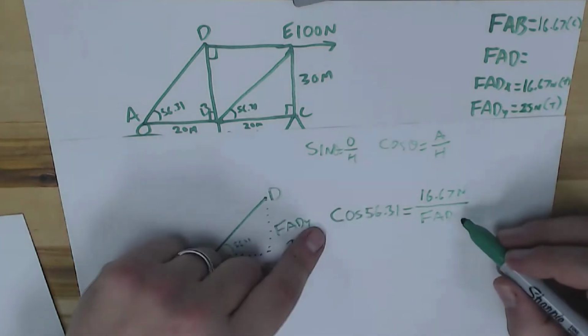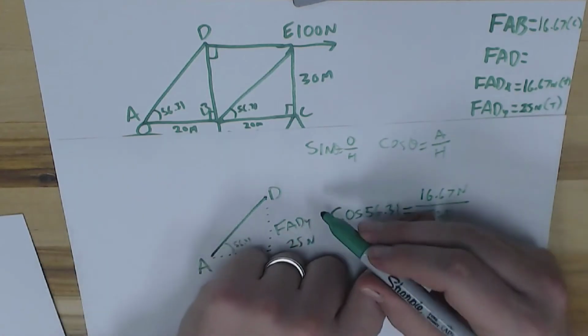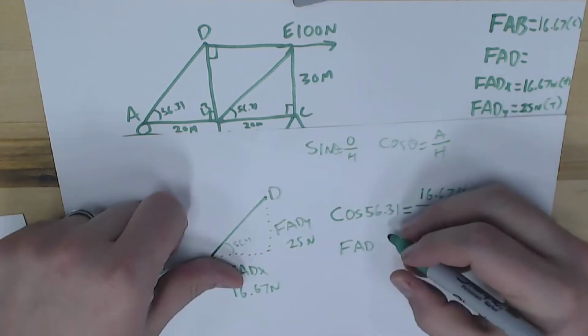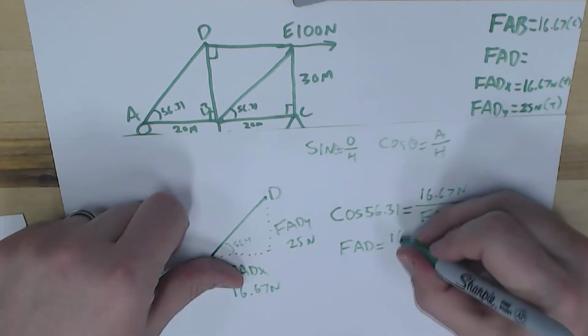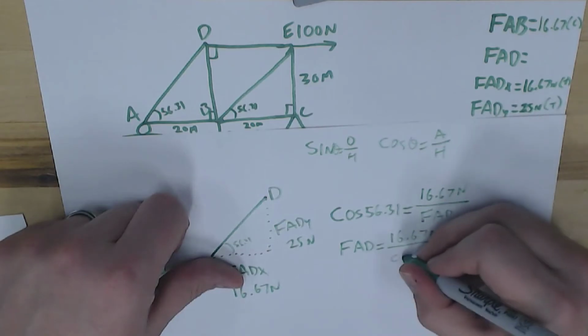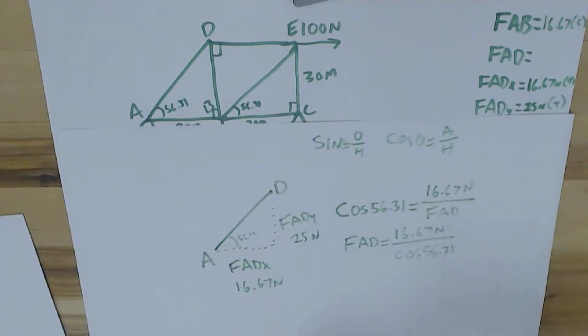I'm going to multiply both sides by FAD and divide both sides by cosine 56.31, essentially swapping these two. So FAD is equal to 16.67 newtons divided by cosine 56.31. Break out my calculator one last time, let's hope.